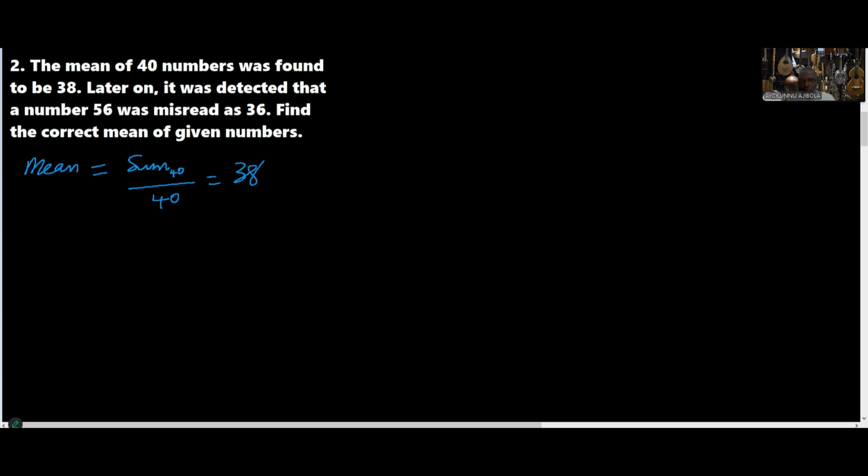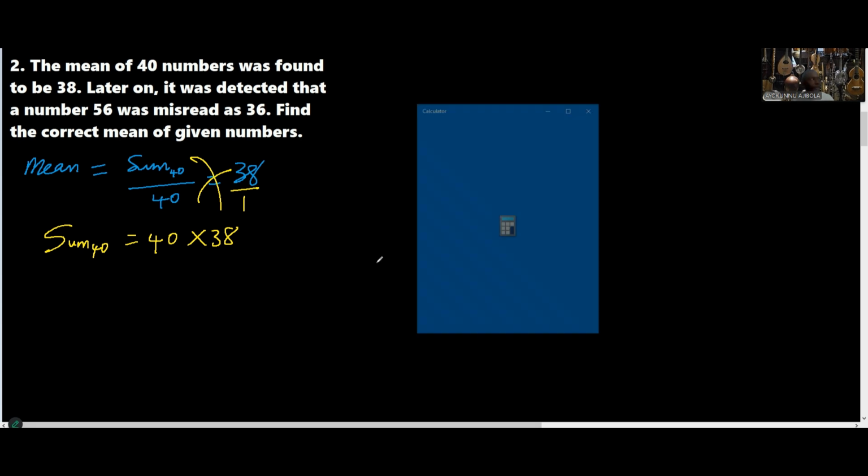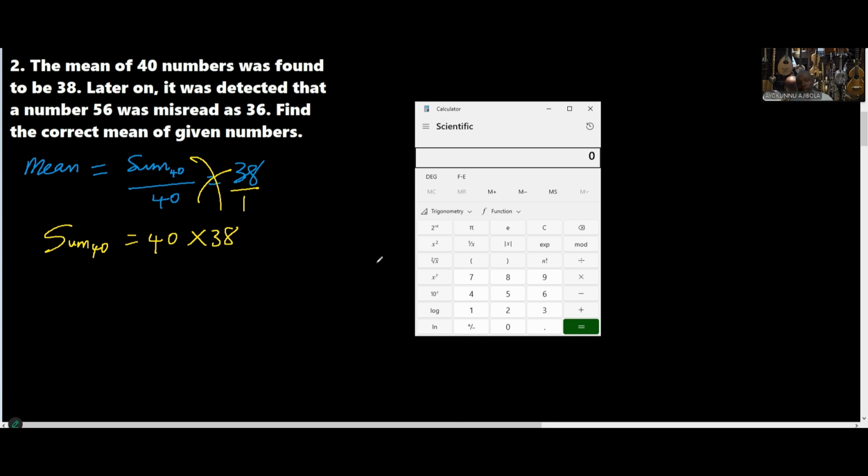So let's find that sum first. Cross multiply. 1 times the sum of the 40 equals 40 times 38. Is that clear?